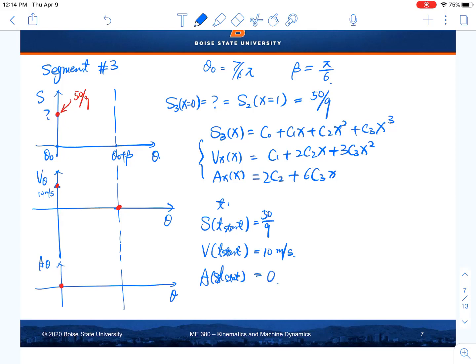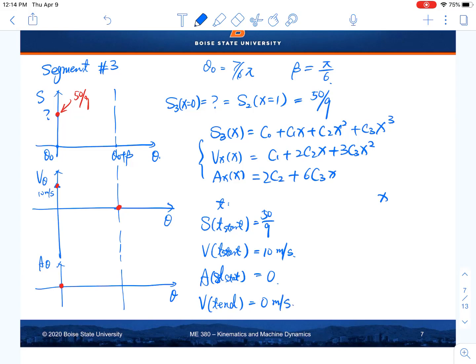You want to convert everything to x domain. The starting point in x domain is x equal to 0. I forget one more thing: your V T end should be 0 meters per second.